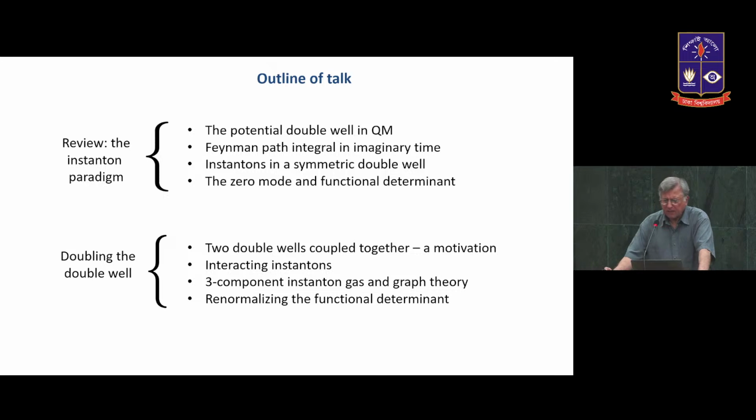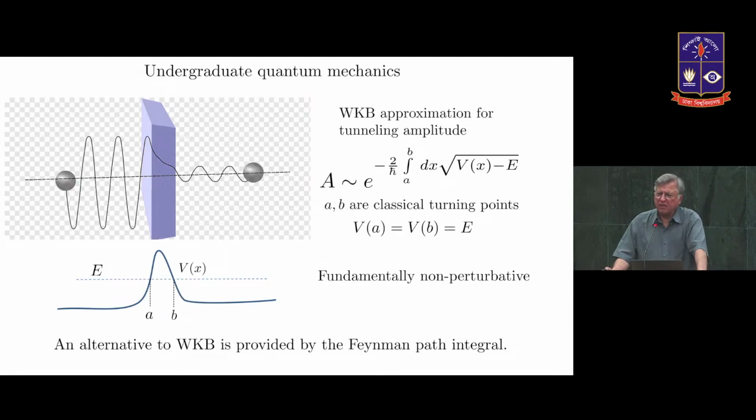Okay, so in undergraduate quantum mechanics, everyone learns about tunneling. You learn about how to match the wave function and its derivative, and in this way get the transmission probability from one side of the barrier to the other. And in the WKB approximation, you learn that it's this exponential, well, anyway, you can see it on the slide over there.